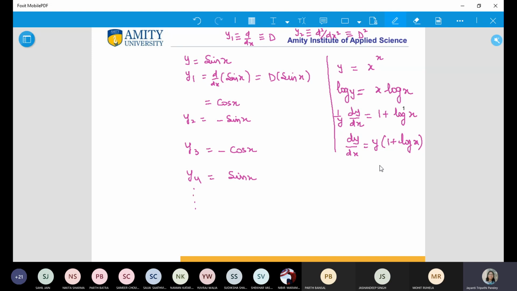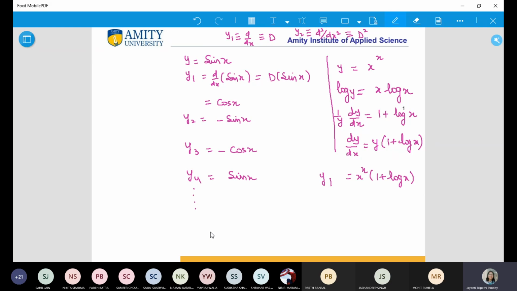Yes or no? And you can write y as x to the power x into 1 plus log x. And this is your y1. So what you did, you differentiated the function by taking the log of it, and successively you have differentiated.